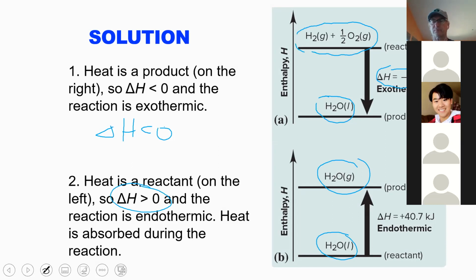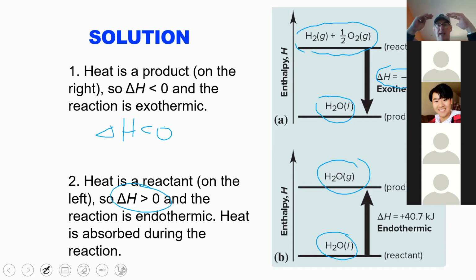So if heat goes in, delta H is positive. If heat comes out, delta H is negative. And so you'll see for the vast amount of the time, delta H is going to be negative, because generally when you do a reaction you go from a high energy state to a low energy state. That's just the nature of the universe, right?